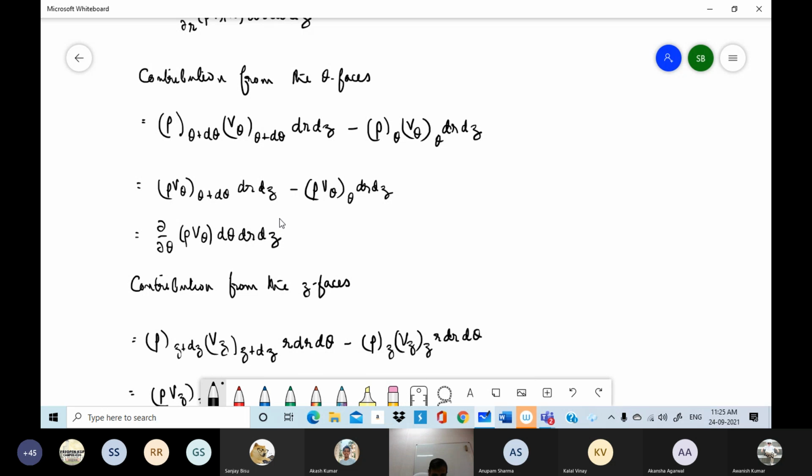Again, I consider the contribution from the theta faces, del by del theta of rho v_theta, and I have dr d theta dz.